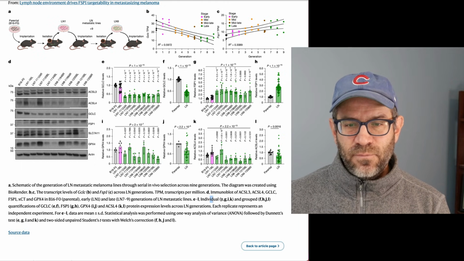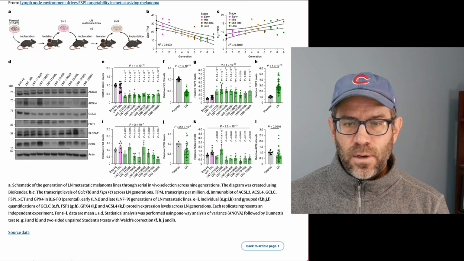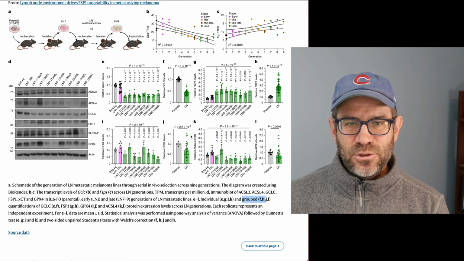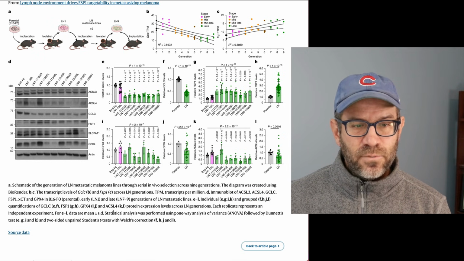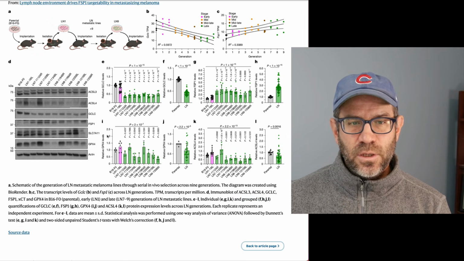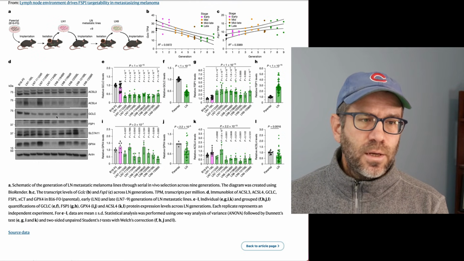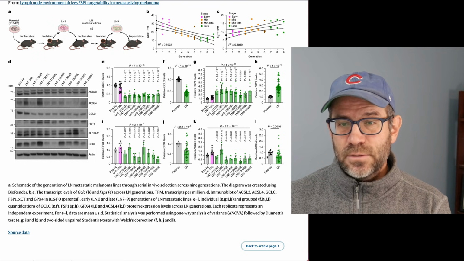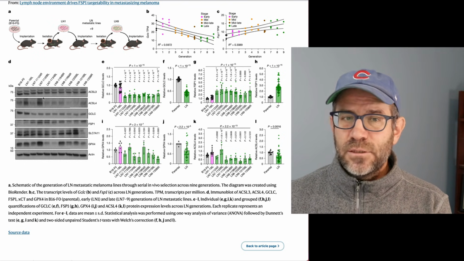And so they say individual is E, G, I, and K, and then grouped F, H, J, L, and that they talk about the 4 different genes being E and F, G and H, I and J, K and L. As I mentioned earlier, they have an immunoblot over on the left, and so the data over on the right here for panels E through L is quantifying the density of these bands.